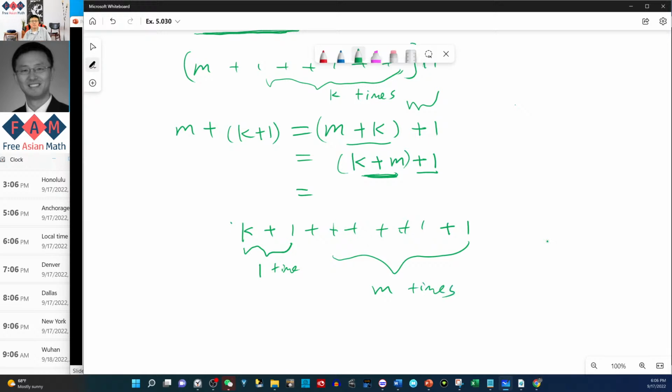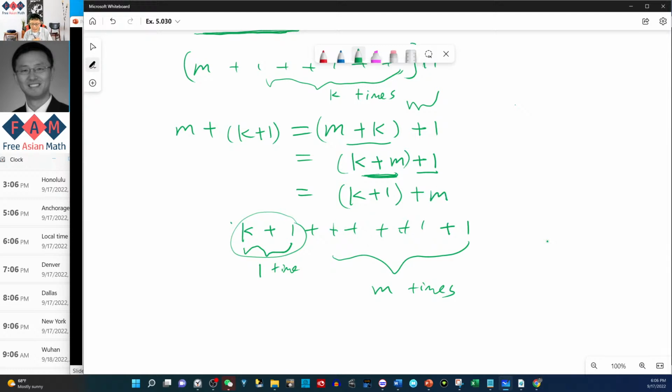Essentially you are counting that many times. It doesn't really matter whether you count m times first or 1 time first. In total, that's the total number of counting you have performed. So this is nothing but k plus 1 plus m.